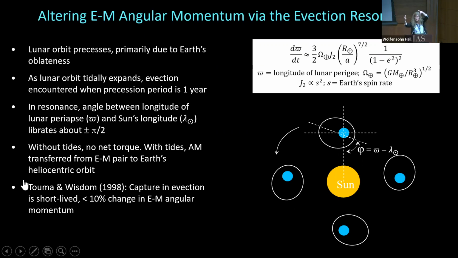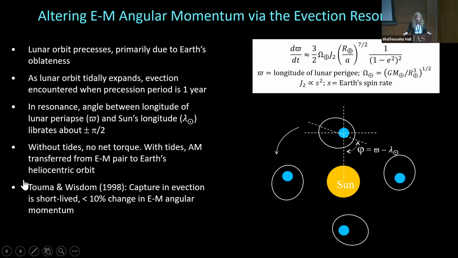And this orientation is maintained as the Earth goes around the sun, and it librates around those stability points. If you just put the moon in this resonance, its eccentricity and this resonant angle phi will oscillate, but there'll be no net torque on the Earth-Moon system. However, if you add in tidal evolution of the moon's orbit, there is a net torque, and angular momentum is transferred from the Earth-Moon pair to the Earth's orbit around the sun.